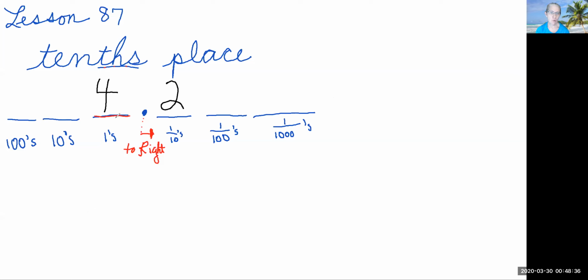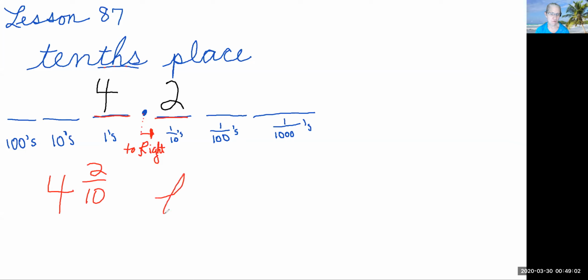We can write it 4.2, or we can write it as a fraction, which would be 4 and 2 tenths. We can also write it as a word. If we write it as a word, you have to remember to write "and" for the decimal point.